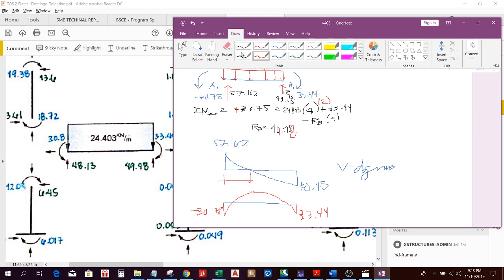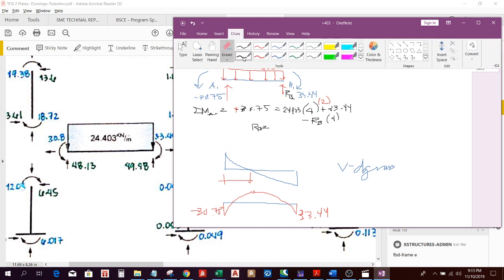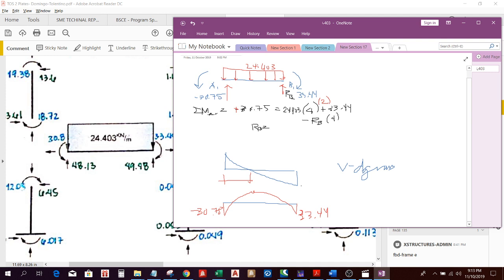Where's the eraser? So this is 49.48, and this one here is 48.13.